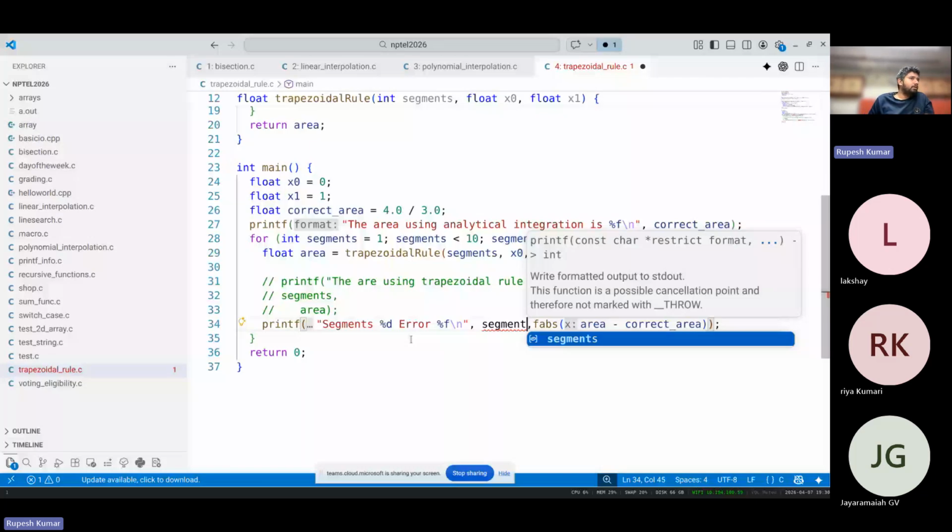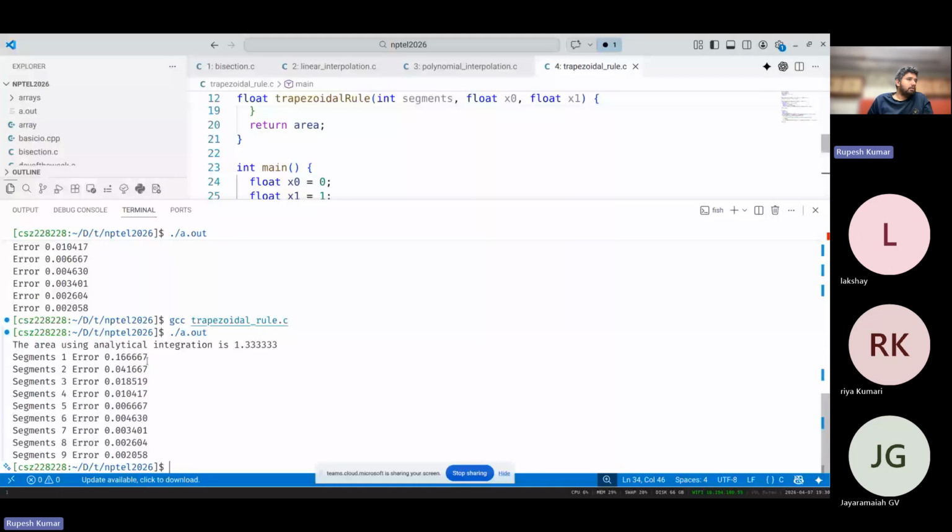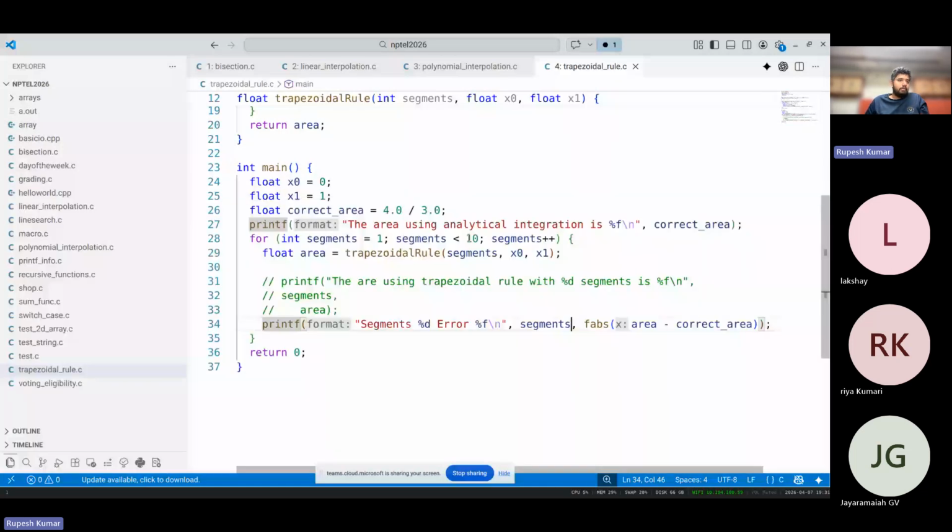So for the first segment, you had an error of 0.166. For two segments, it jumped down to 0.04. For three segments, it jumps to 0.01 and so on. And for nine segments, it goes to 0.02. If I increase the number of segments further, let's see how small we can go. So it is of the order of 10 to the power minus 5, right?